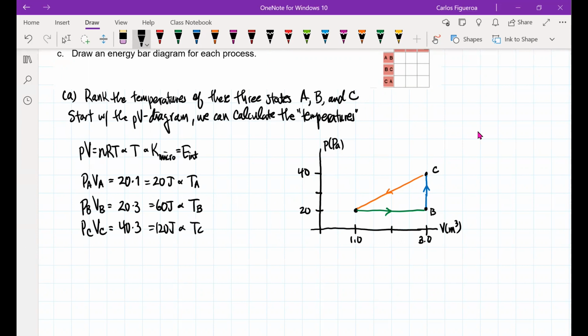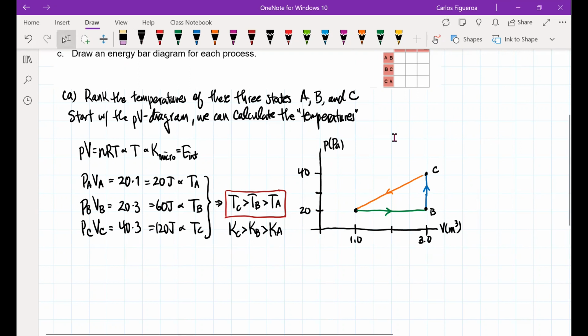So what this is really telling me is that I can rank these as TC greater than TB greater than TA. So right away, we've ranked these. And because the internal energy is a measure of the microkinetic energy, an equivalent statement would be that Kc is bigger than Kb, which is bigger than Ka.